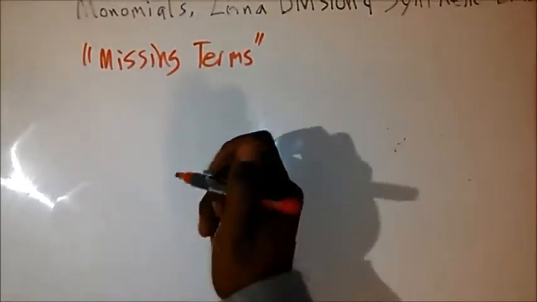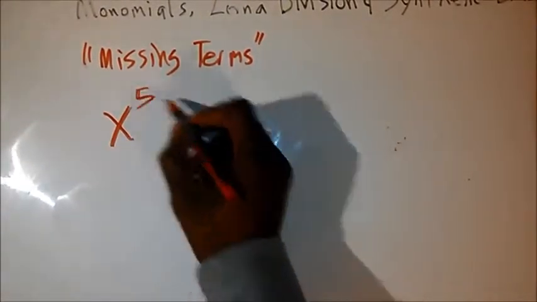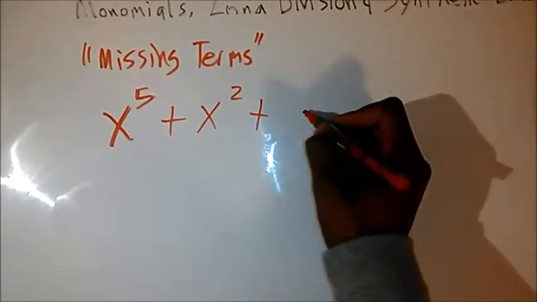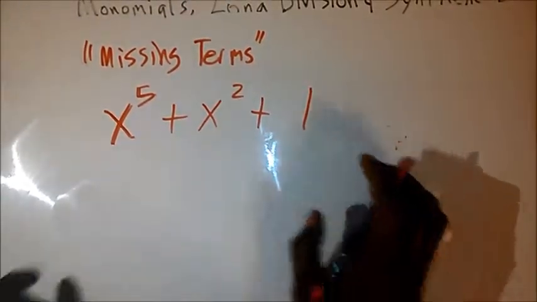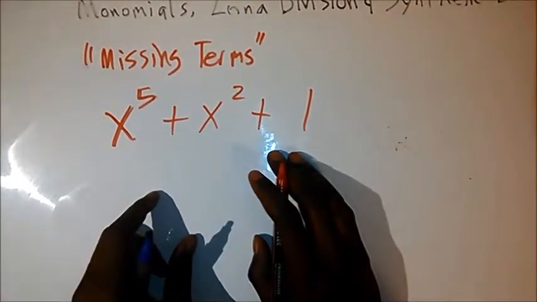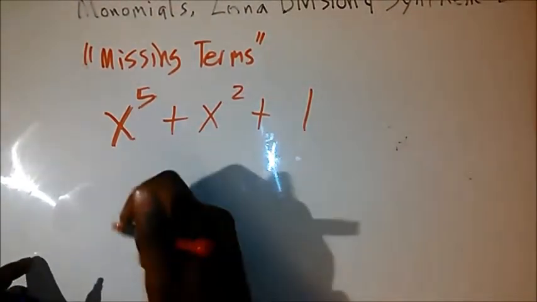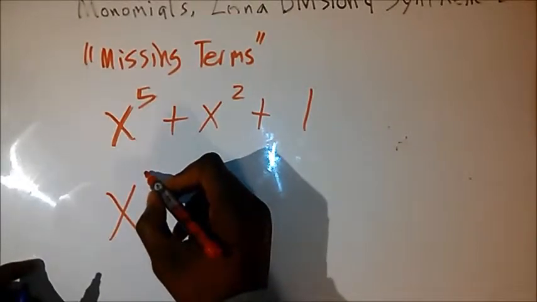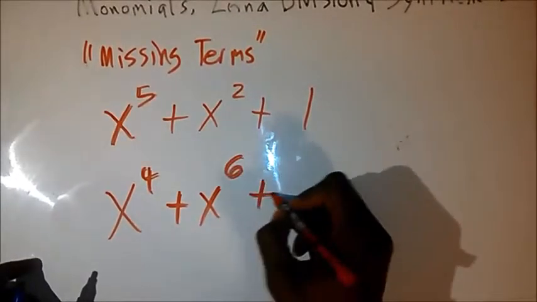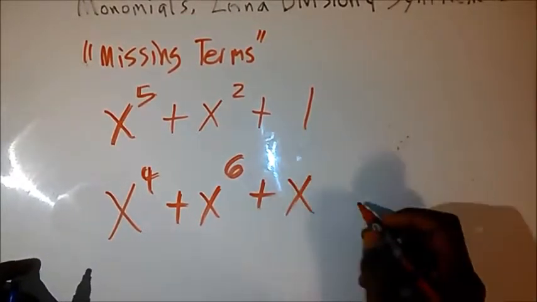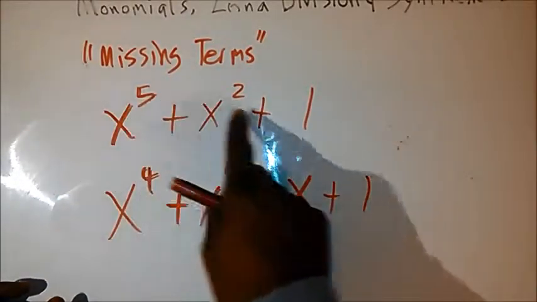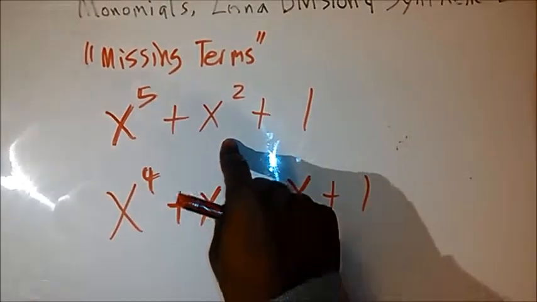For example, let's say you have x to the 5th power plus x to the 2nd power plus 1. First you have to make sure that you arrange the terms in order of descending powers. This one is already arranged in descending order, but we're missing terms, aren't we?